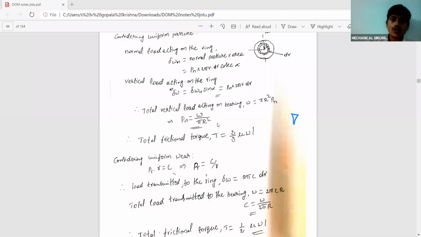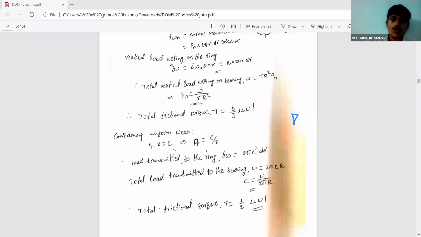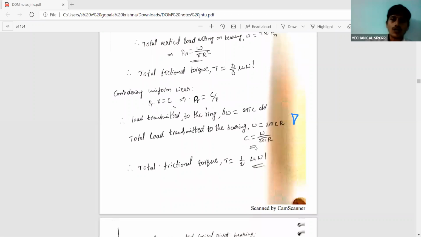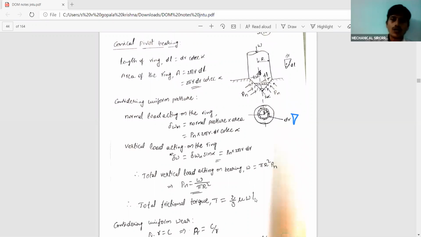Now we can directly write the total frictional torque T equals 2/3 mu W L. Observe that when we find the frictional torque, it is 2/3 mu W L, where L is dr cosecant alpha, that is, the slant length along the cone.